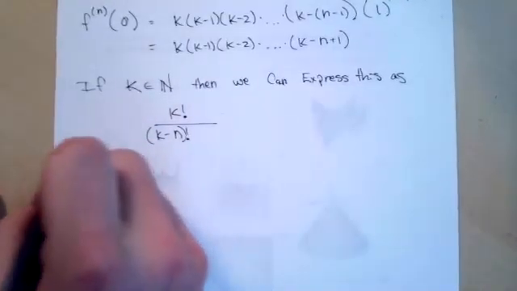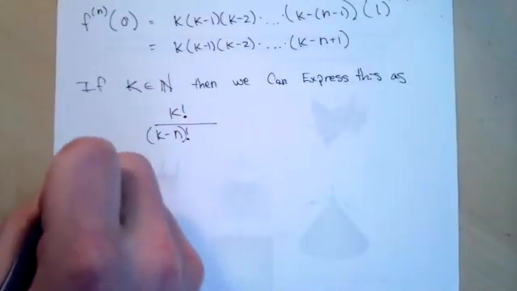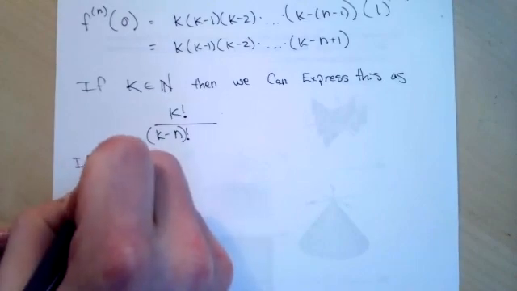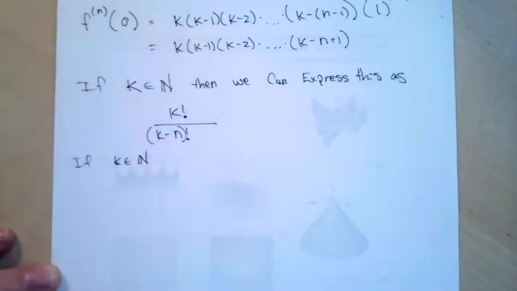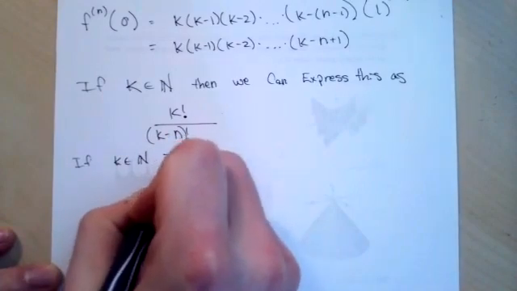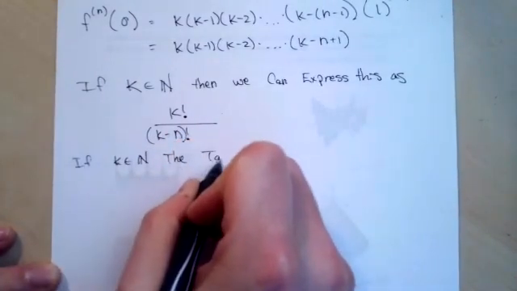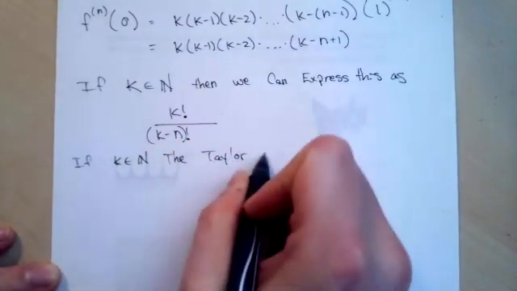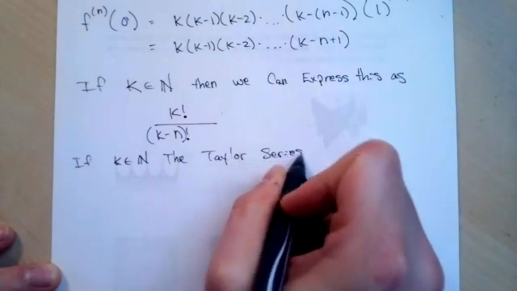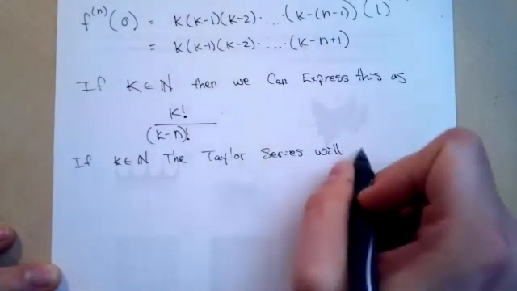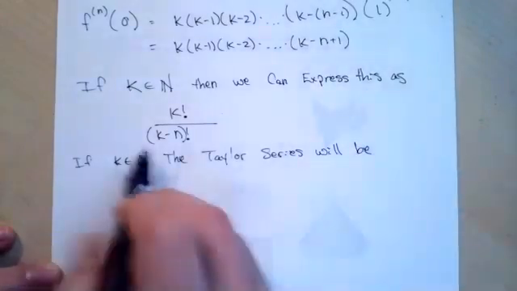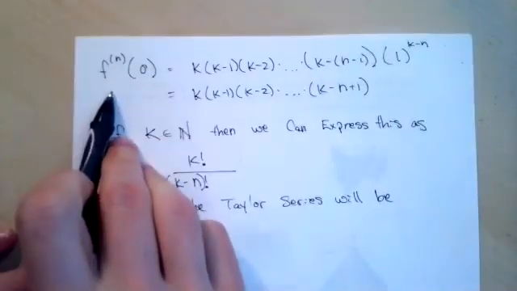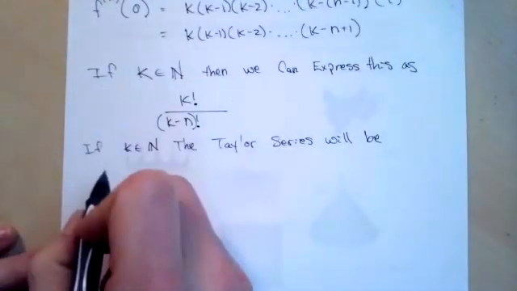And so the power series, if k is an integer, the Taylor series is going to be, so this is our formula for the nth derivative evaluated at 0.